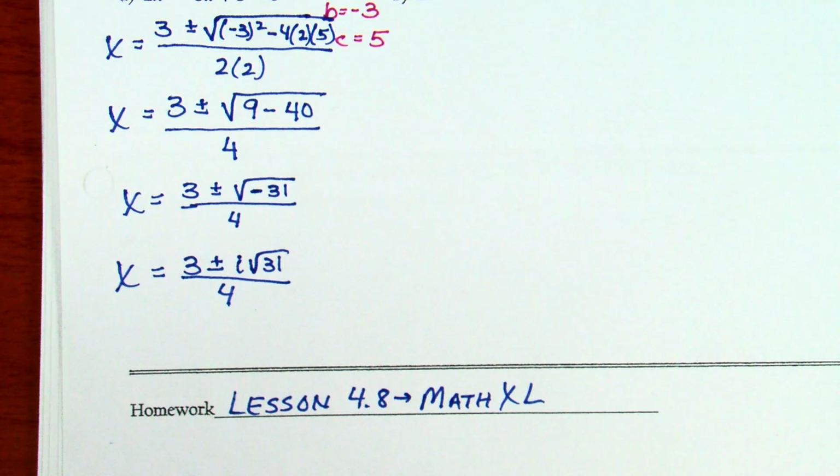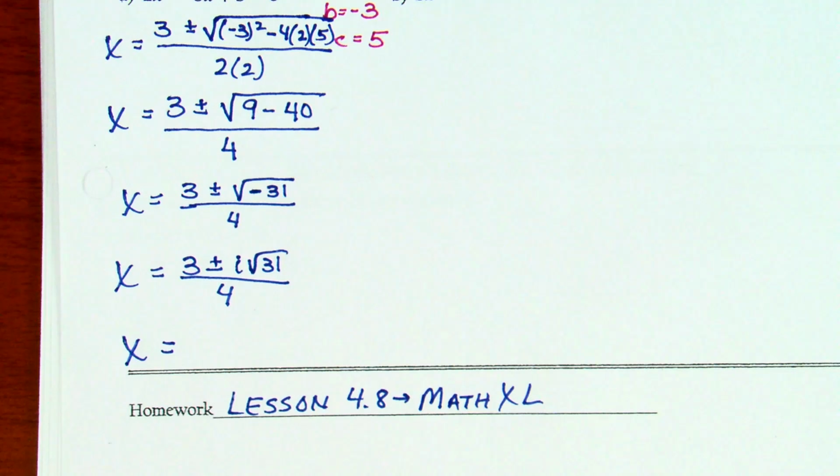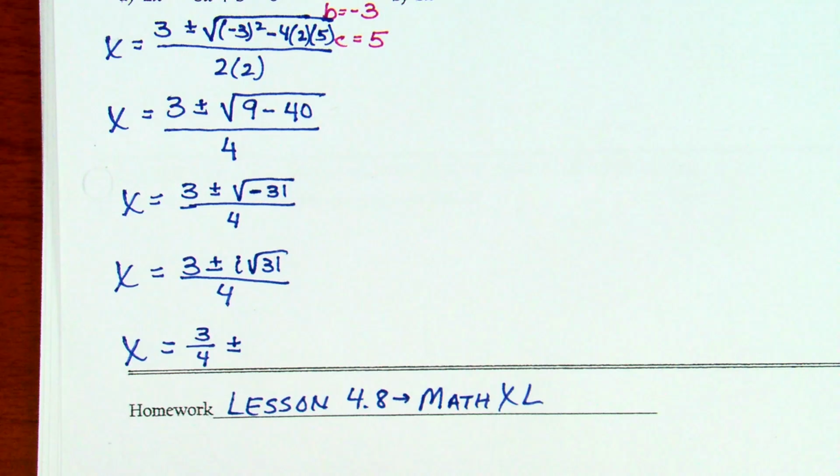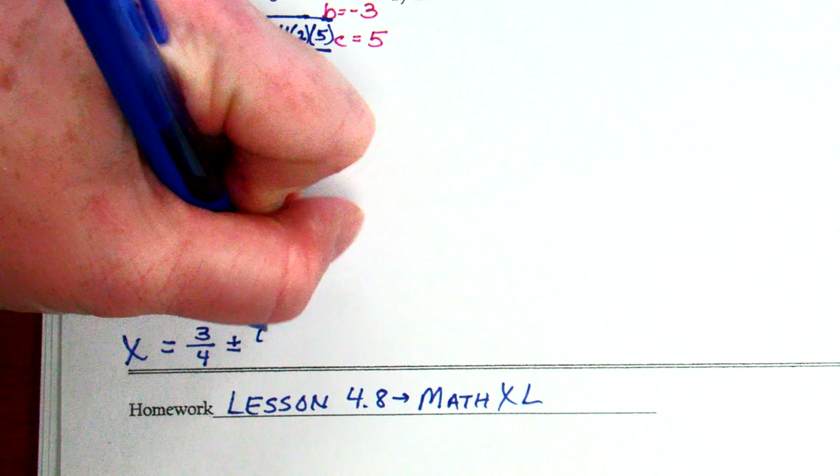And then the 4 also goes with the i radical 31. You could write it as i radical 31 over 4. That's fine. Or you could write it as 3/4 plus or minus radical 31 over 4 times the i after the fraction.